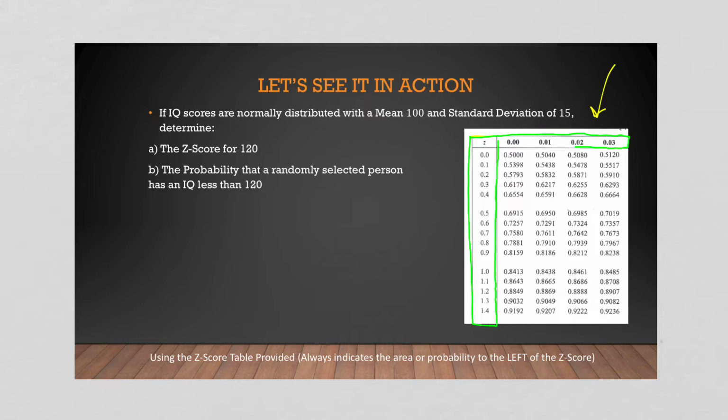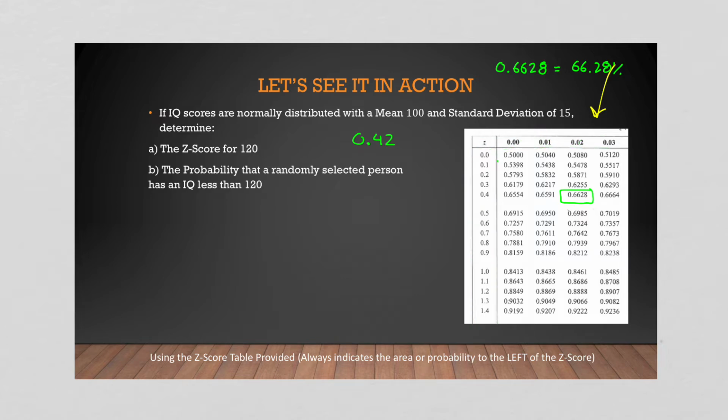So as a quick example, if I wanted to know where 0.42 is, well, here's 0.4, and then that's 0.02 across. So that would be 0.42, and that number represents 0.6628, which is 66.28%. That's how you read the Z table. We're going to do that now in live action.